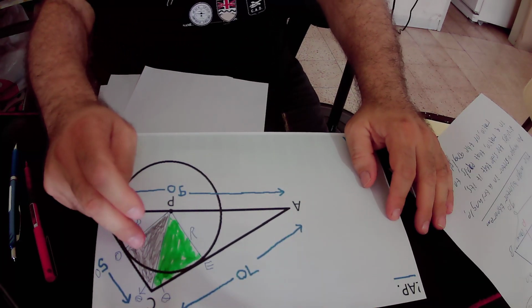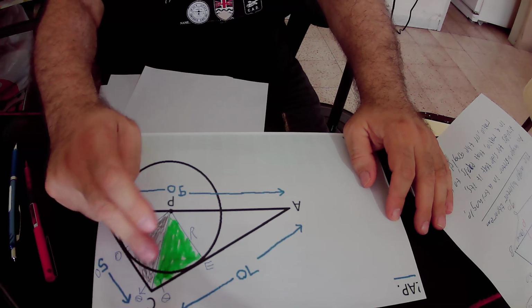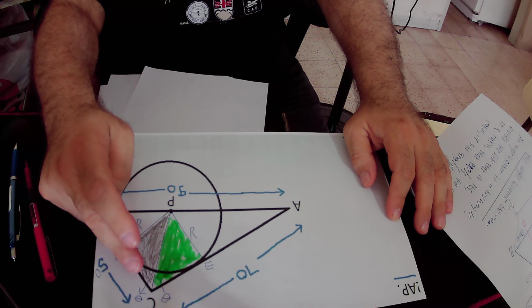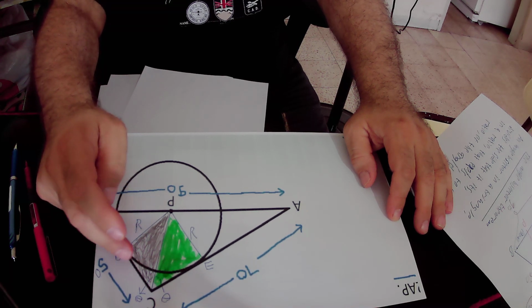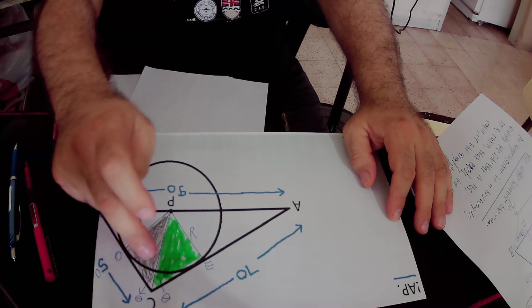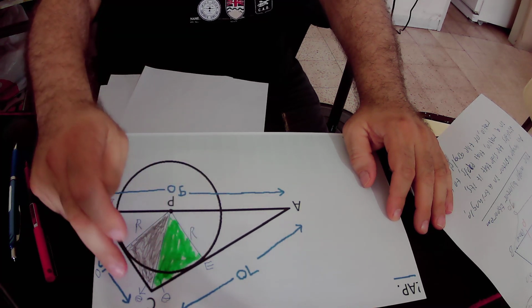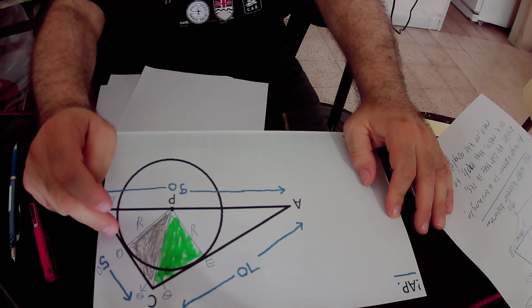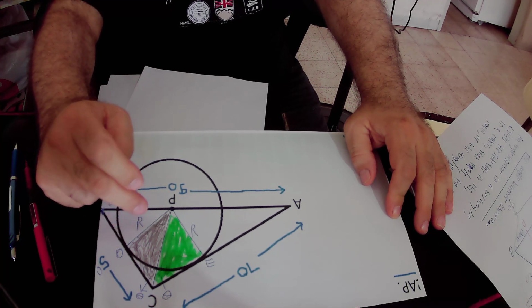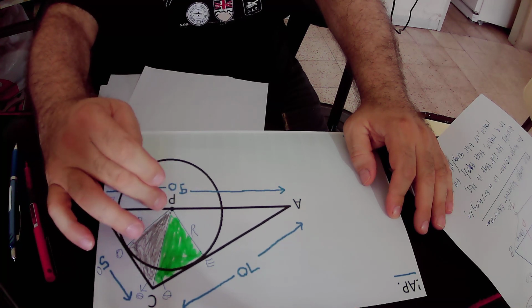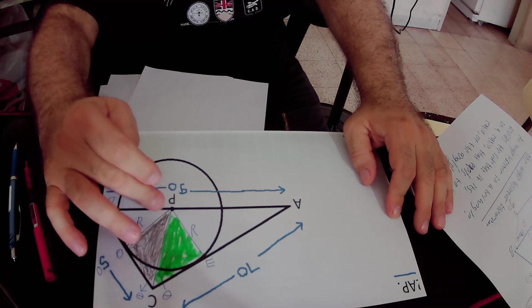We have an external point to the circle, and from C we draw 2 tangents to the circle, so those 2 tangents are equal to each other. So CE equals CO, and also PO equals PE because they are radii of the circle, and also CP equals CP.